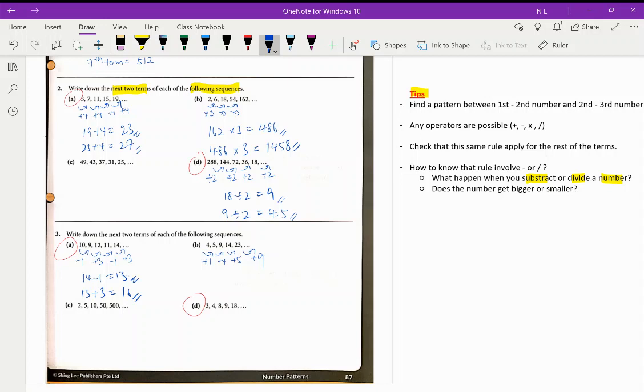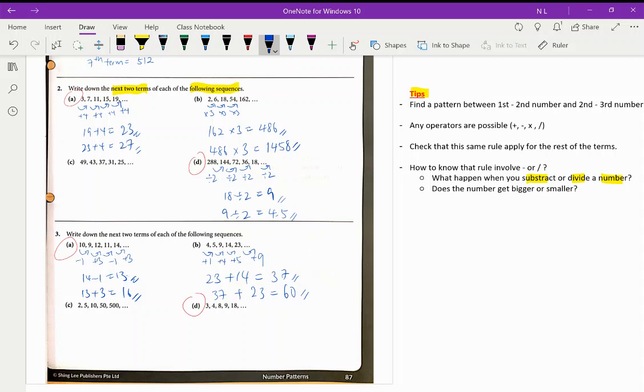That means my next two terms will be plus 14 and plus 23. So for my next term, 23 plus 14 is 37, and 37 plus 23 is 60. So these are my next two terms of the number sequence.